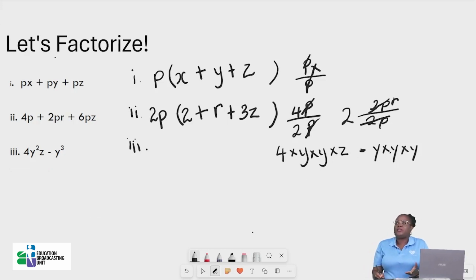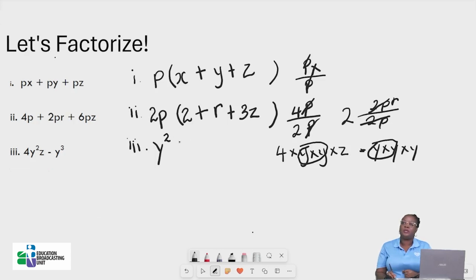Now, what's the highest common factor they have? Both terms have 2 y's. And when we multiply a y by itself, we make squares. So our highest common factor would be y squared. So what is left to put in the bracket?